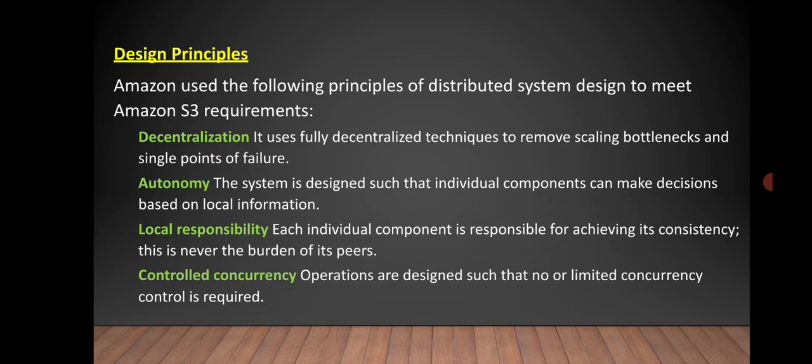Local responsibility: each individual component is responsible for achieving its consistency, so this is never the burden of its peers. Controlled concurrency: operations are designed such that no or limited concurrency control is required.